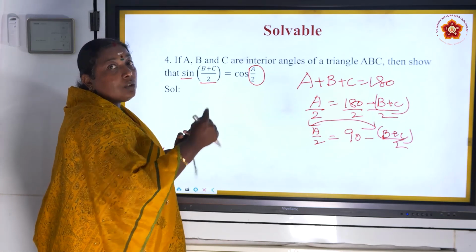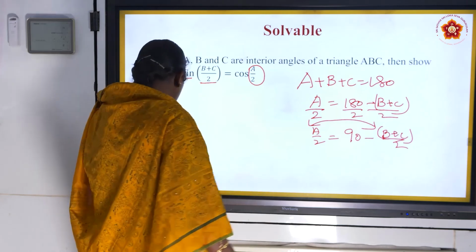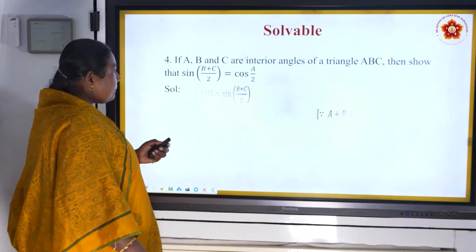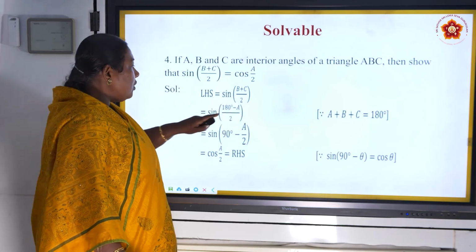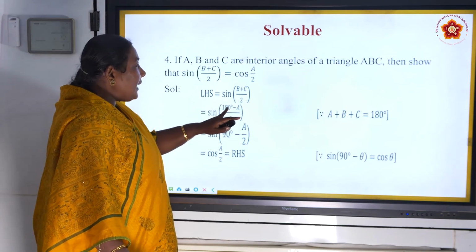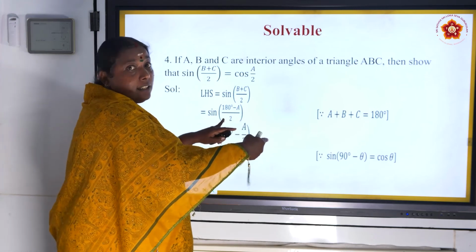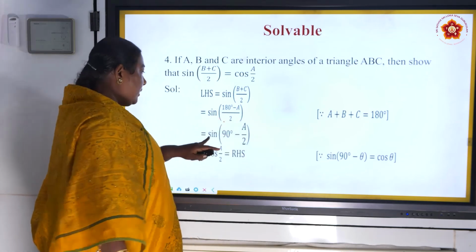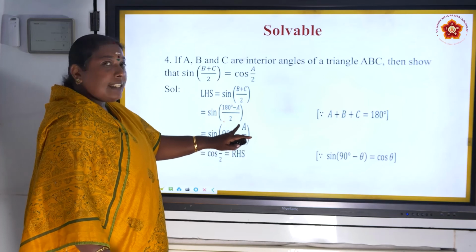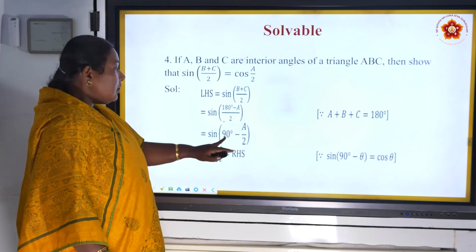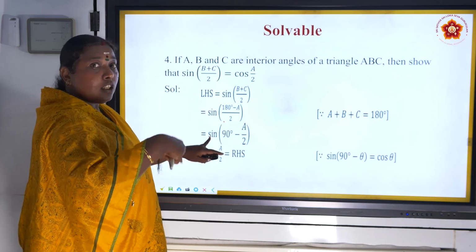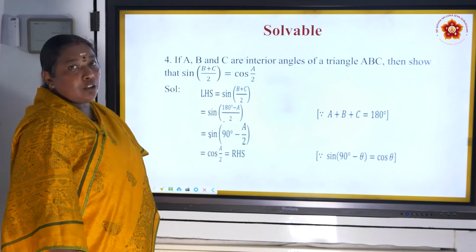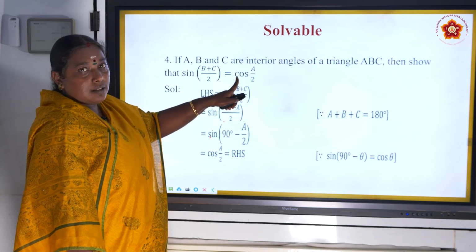A by 2 is equal to 90 minus (B plus C) by 2. So if I start from my LHS, sine (B plus C) by 2, which is equal to sine (180 minus A) by 2, by the previous explanation it becomes sine (90 minus A by 2). Next, sine (90 minus A) is cos A, so it is cos A by 2. So I reached the RHS.